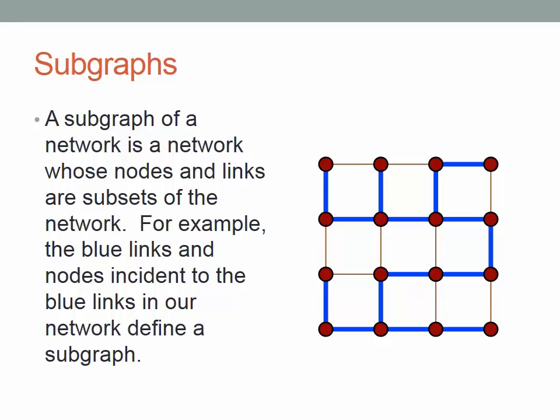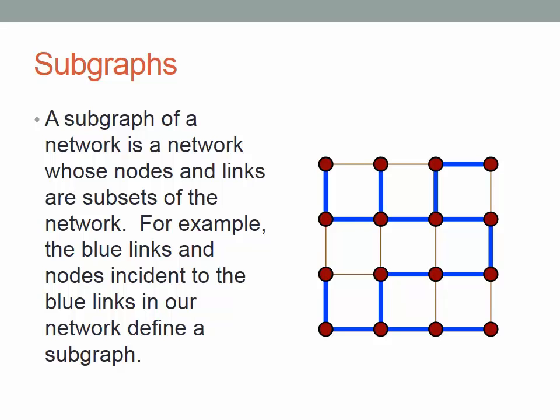So a subgraph of a network is a network whose nodes and links are subsets of the network. For example, on the right, the links that are colored blue are a subset of all of the links.